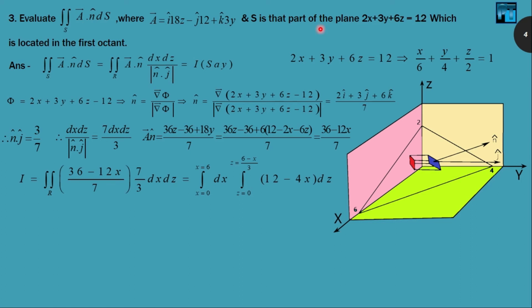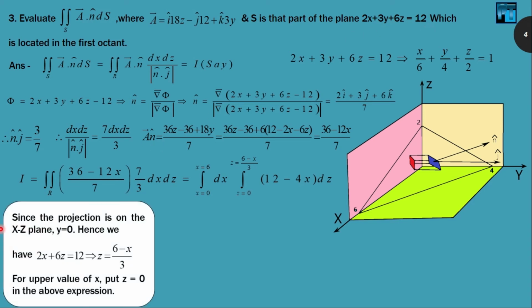Because see, there is no such cut off given as plain lower and upper values of the variables. So you have to determine the variables. Like y is unavailable, y is not present here, so put y equals 0. We have 2x plus 6z equals 12.